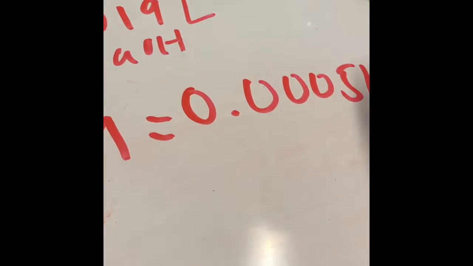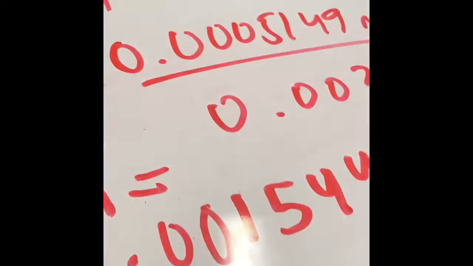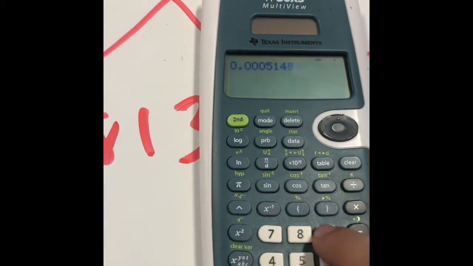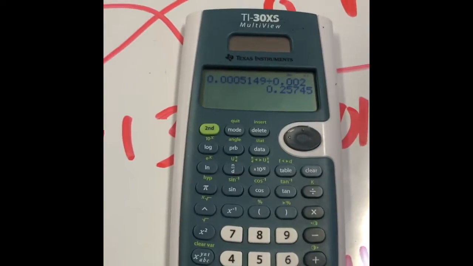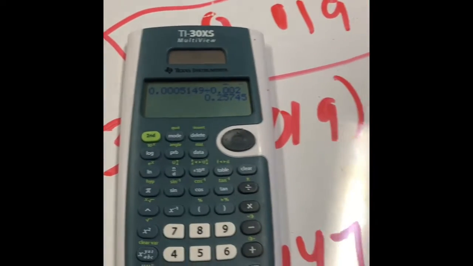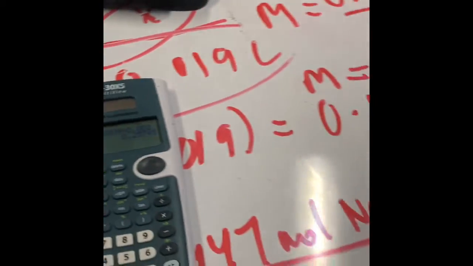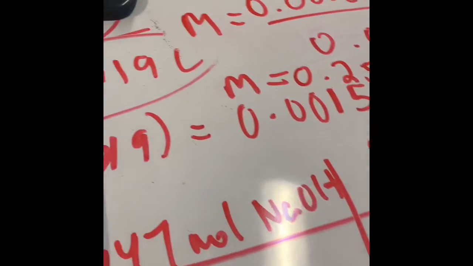So M equals, our moles is 0.002, and the molarity for trial 1, the citric concentration, is going to be 0.25745, but for significant figures, 0.2575. And that is the molarity, or the concentration of citric acid in the titrated sample.